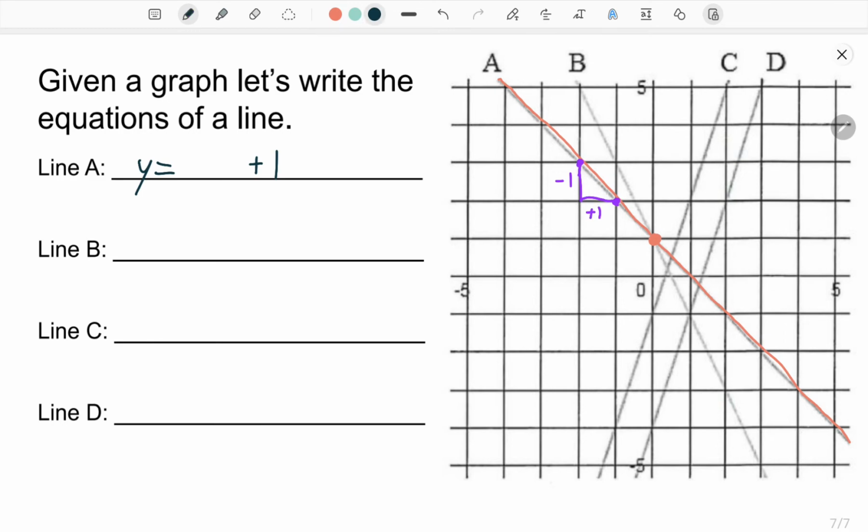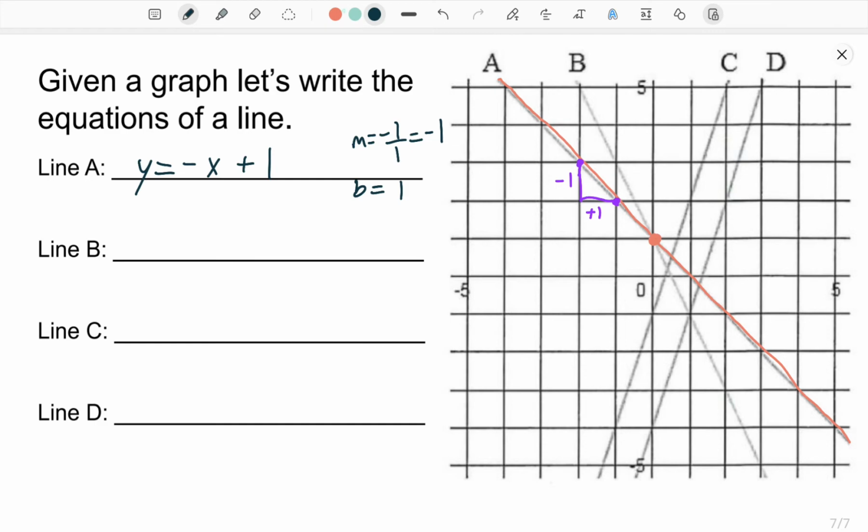And so that would actually mean your m value would be -1 over 1, which is just -1. So if we write this equation down, -1 is the same as just writing -x plus 1. And there we have our equation of the first graph.